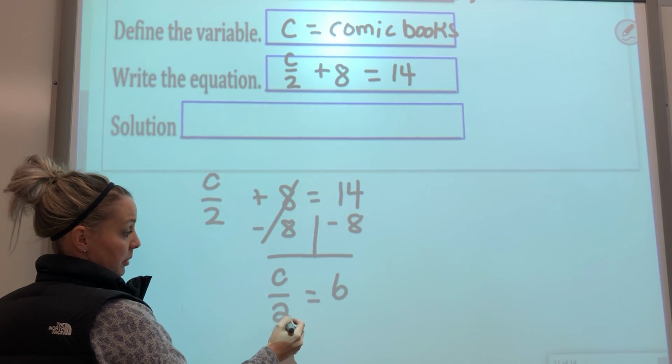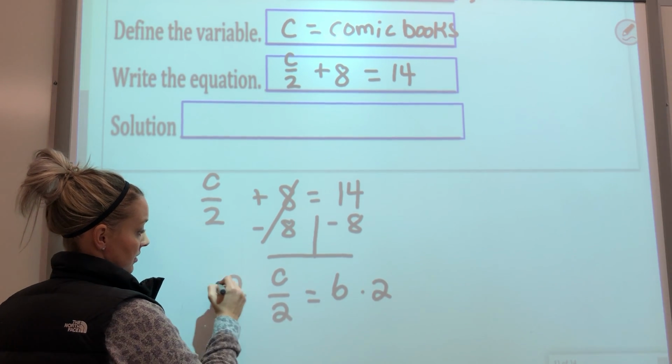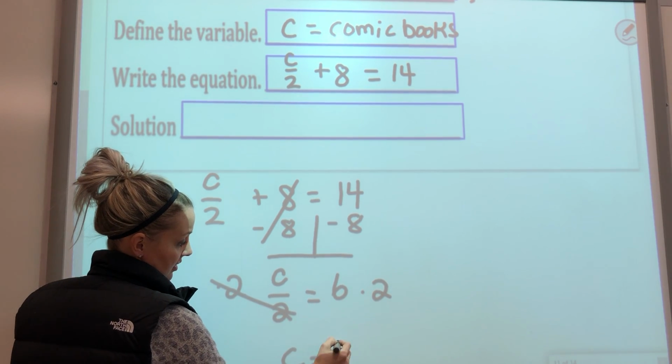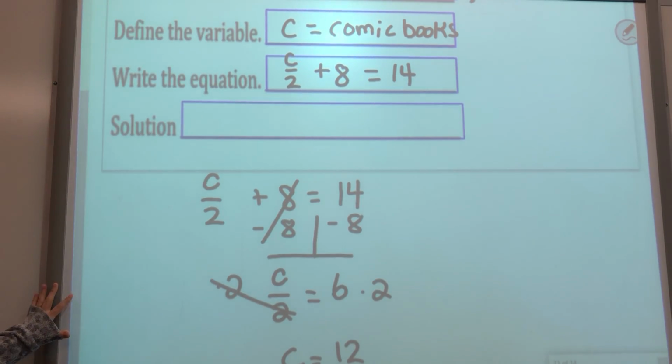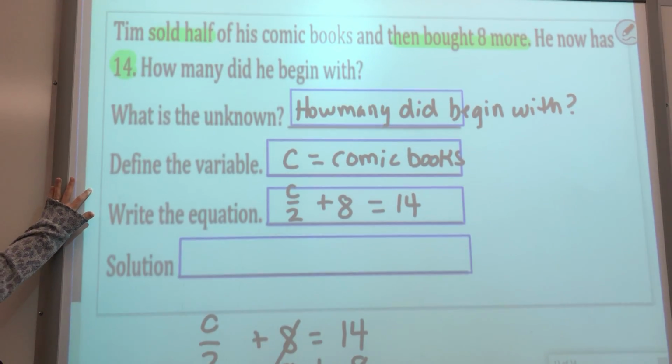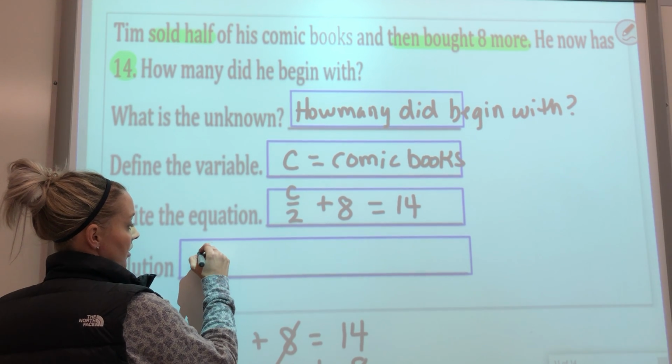C is being divided by 2, so we need to multiply by 2. So C equals 12. So that means that Tim started with 12.